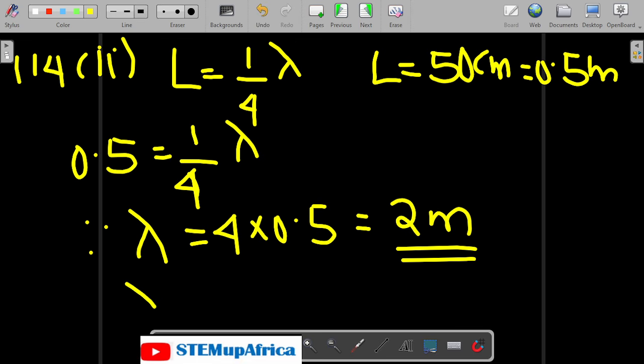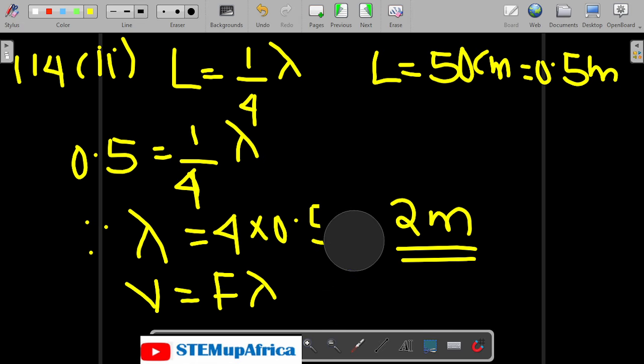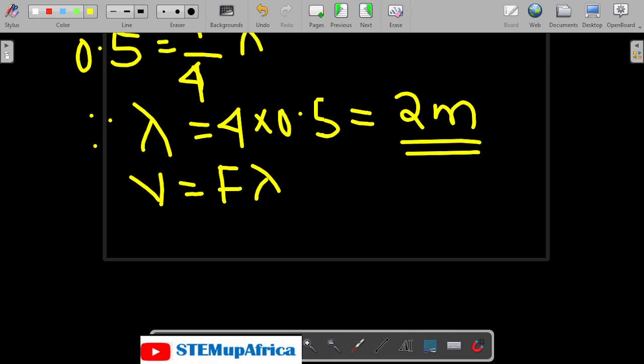We know that V is equal to F lambda. Let's establish a relationship, so follow up with it. What is my lambda? My lambda is 4L. So V is now F times 4L.